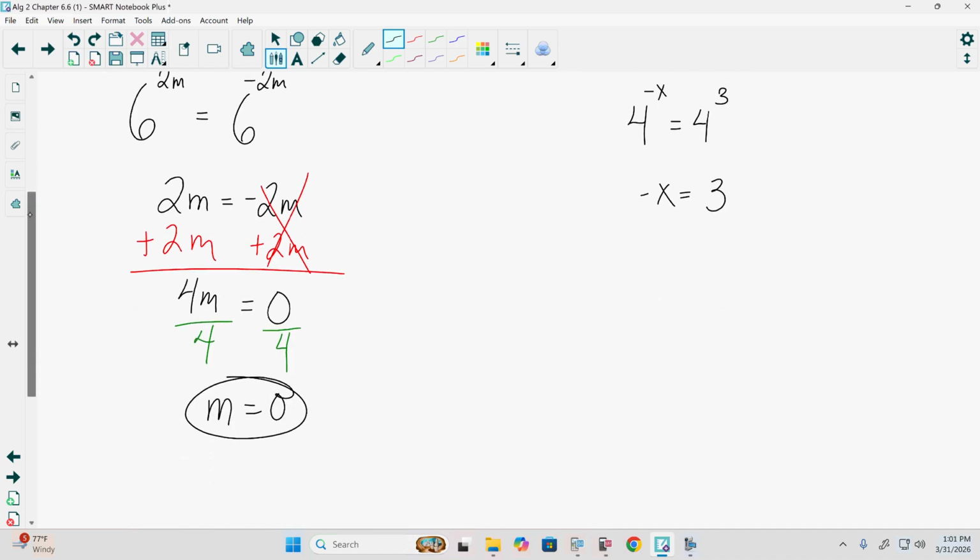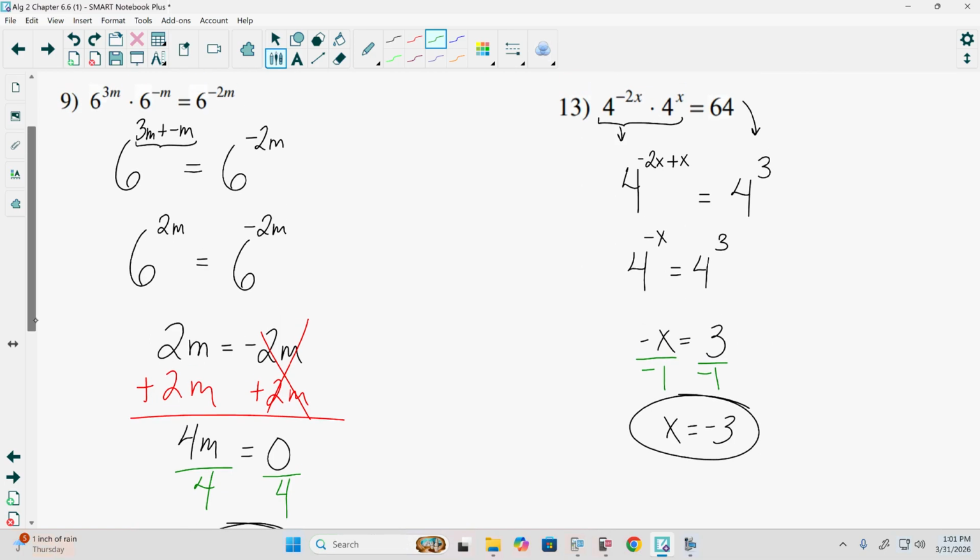So we're really saying that negative x is equal to 3. At this point here, we can multiply by negative 1. We can divide by negative 1. But it tells us x is negative 3. Questions on this here? Questions on anything so far? We ready for the next one?